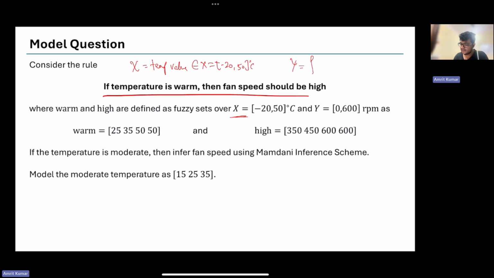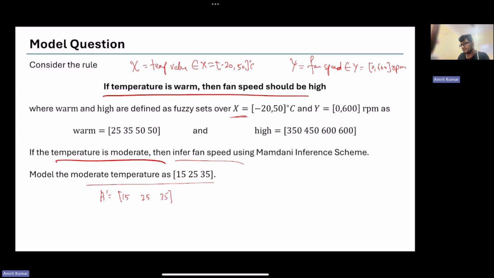And our variable y is fan speed, and it takes values in set Y, which is the interval 0 to 600 RPM. And our input is: if temperature is moderate, where moderate is this particular fuzzy set. So our A dash is 15, 25, 35, this triangular fuzzy number.